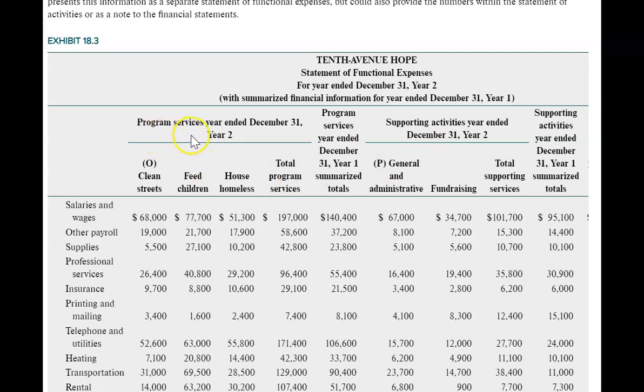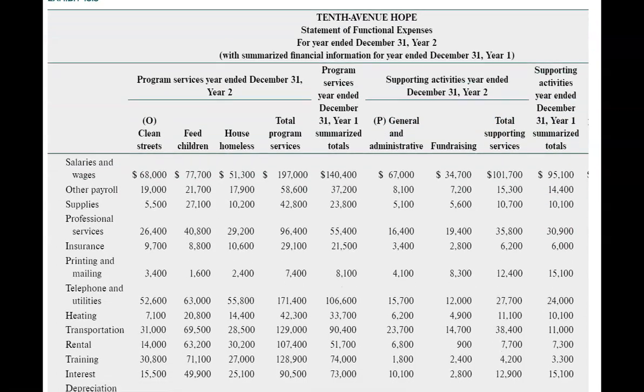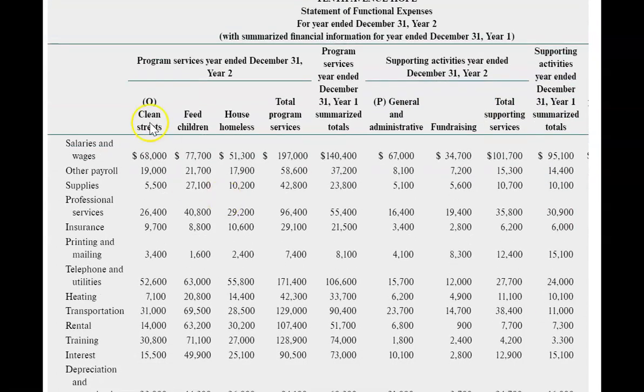Now, if you look at their program service, this charity organization's major areas of spending are clean street, feed children, and house homeless. So these are the major areas related to their mission or cause where they're spending their money. They will show those major categories under program service, and they will also show supporting activities.